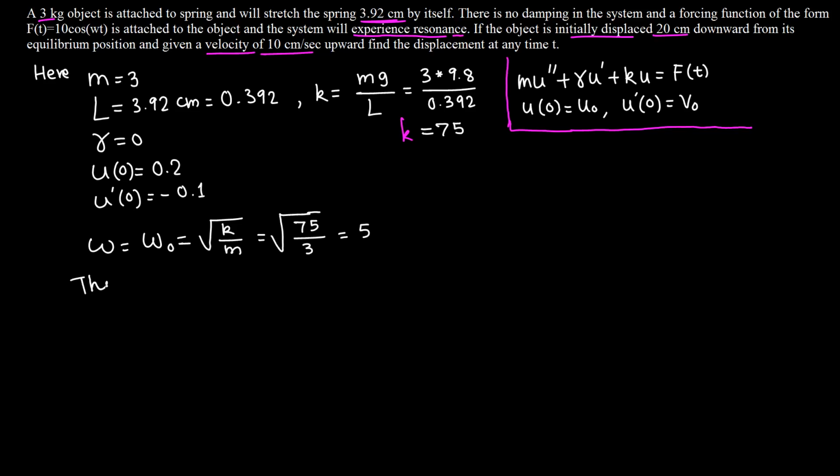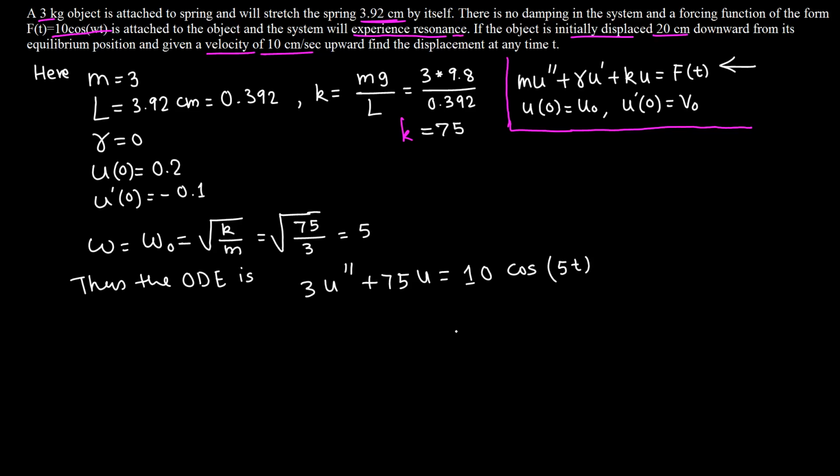Thus our ODE is m u double prime, so 3 u double prime plus gamma is 0, so move on. k is now 75, u equals the right hand side, 10 cosine omega t, and omega is now 5, same as omega naught, so 10 cosine 5t.